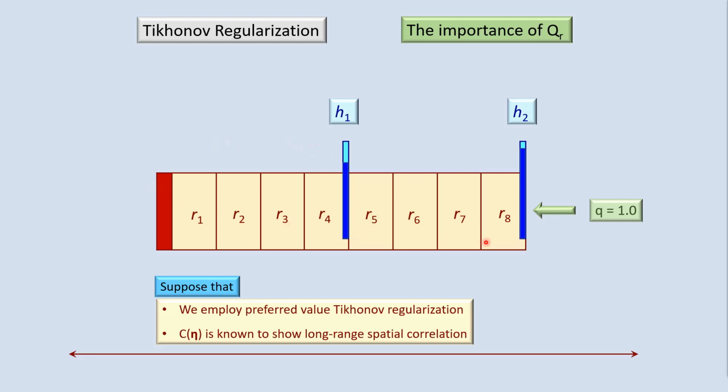Suppose that this is only part of a much larger model domain, and that we know that spatial correlation between parameters is likely to exist over a significant part of that model domain, which I'll specify diagrammatically through this arrow here. Suppose then that the C epsilon matrix, which specifies the uncertainties associated with my preferred parameter condition, needs to exhibit spatial correlation over this length.